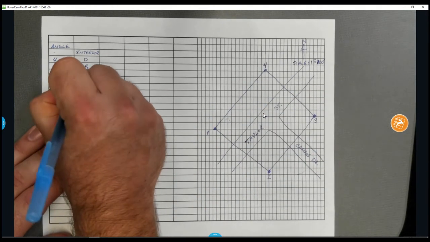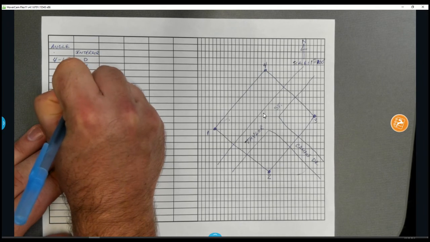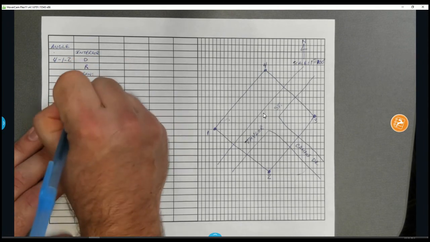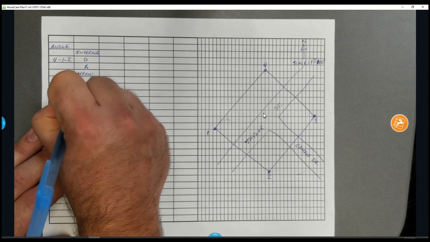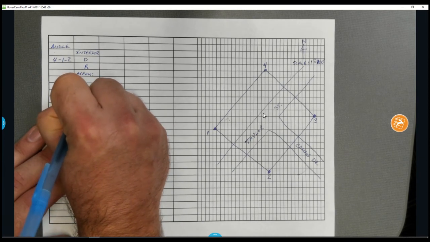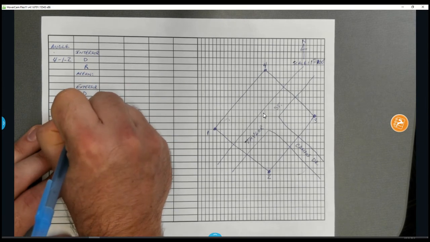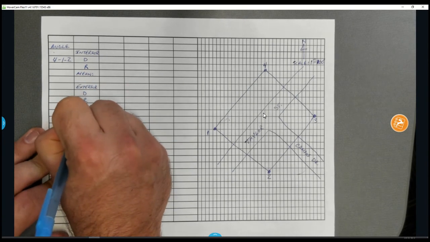Then I'm going to figure out the mean angle here. And then I'm going to jump down and figure out the exterior angle. Direct, reverse, and figure out the mean of that.